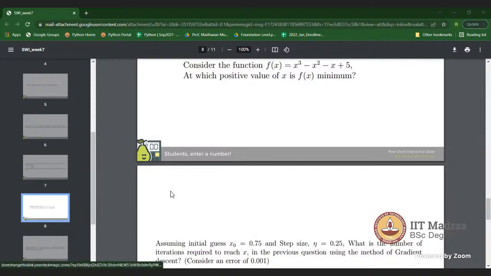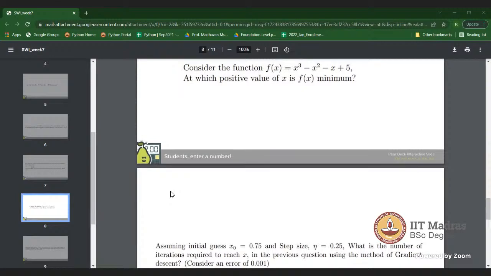Shall we look at solution? Okay, only two people have completed it. What about others? Do you want time or?